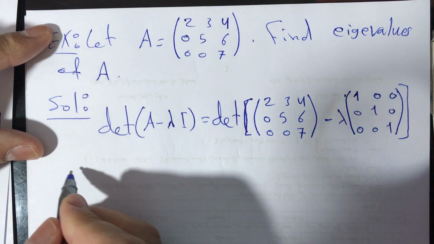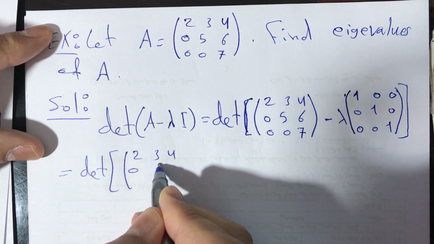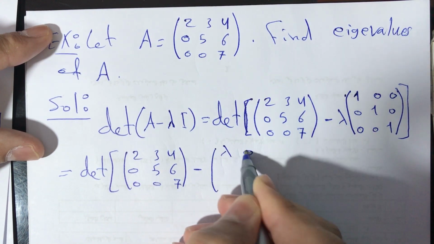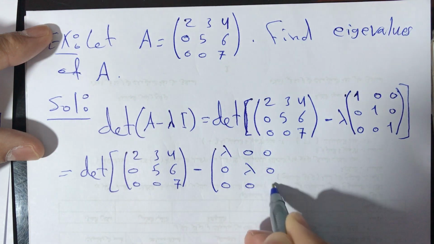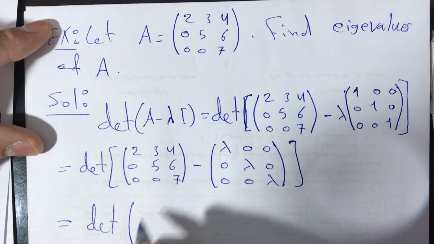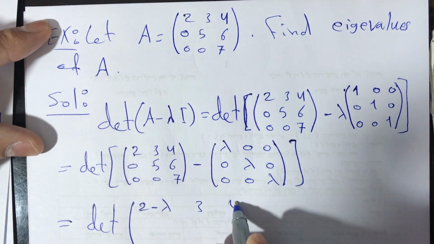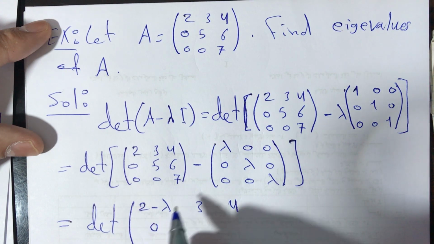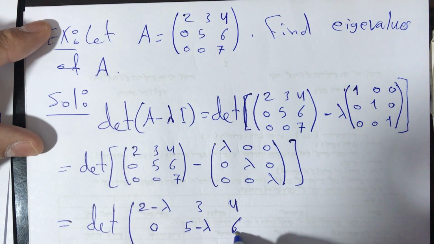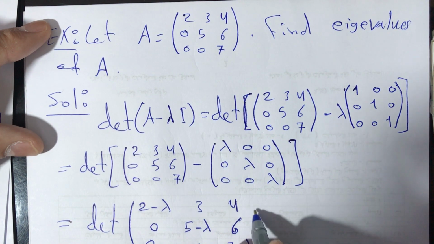Now moving lambda in, this is equal to the determinant of the matrix 2, 3, 4, 0, 5, 6, 0, 0, 7 minus lambda 0 0, 0 lambda 0, 0 0 lambda. This equals the determinant of 2 minus lambda, 3, 4, 0, 5 minus lambda, 6, 0, 0, 7 minus lambda.